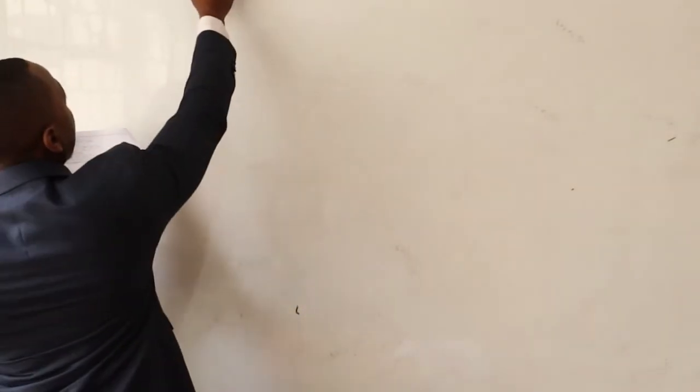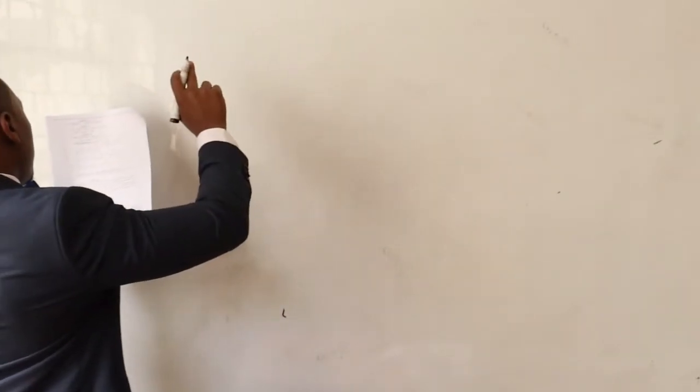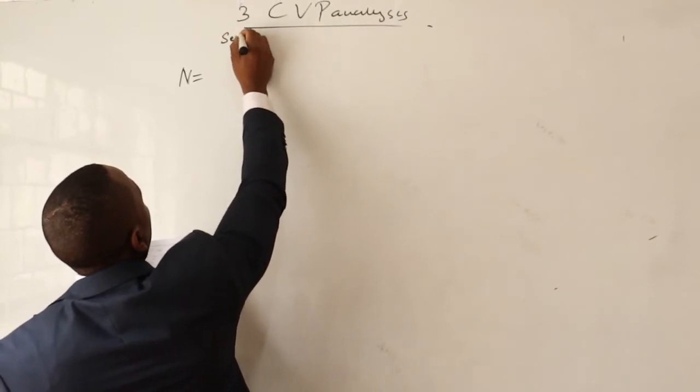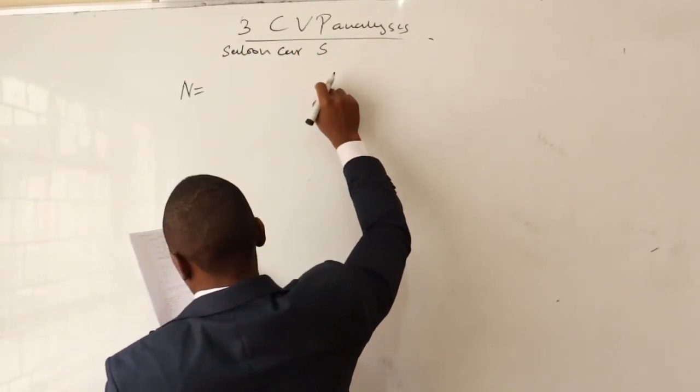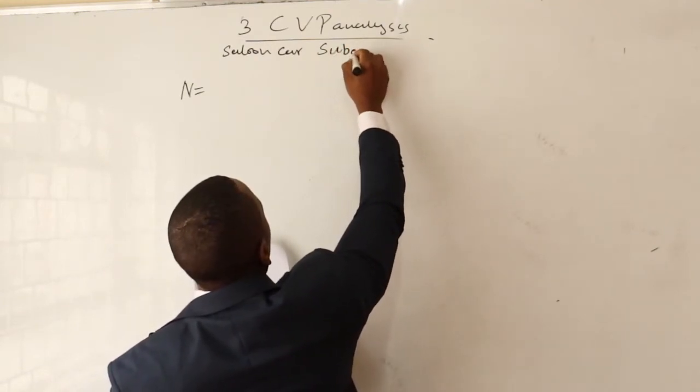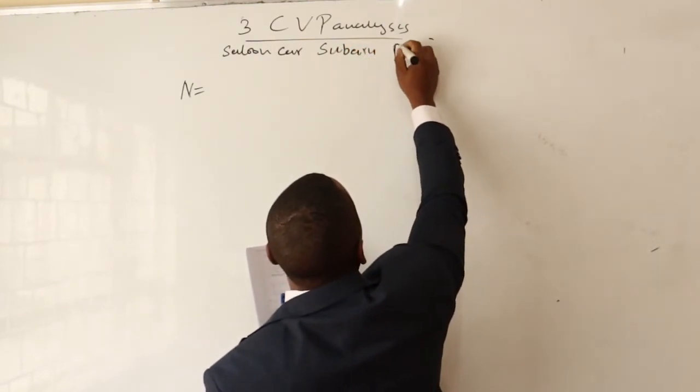The matrix N shown below indicates the number of each type of vehicle available for renting in the 4 regions of the country. So you are given now the number of cars there. So I'll indicate the most important. You are given matrix N, which shows the number of saloon car, Subaru, and pickups.